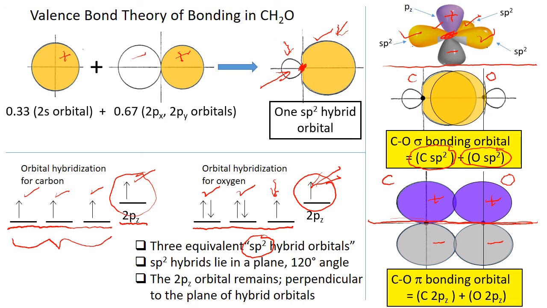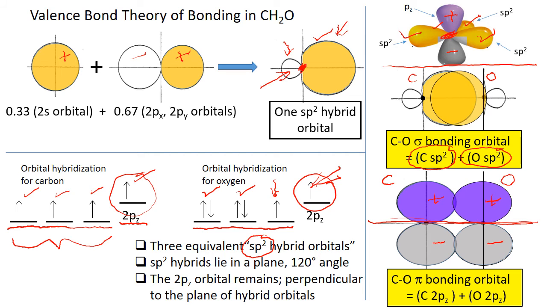So just like a p orbital, a pi bonding orbital has two lobes. One above the plane, we'll call that plus, and the other lobe down below, we'll call that minus. Now remember, this is a single orbital, just like a p orbital is a single orbital with two lobes. A pi bonding orbital will be a single bonding orbital with two lobes.